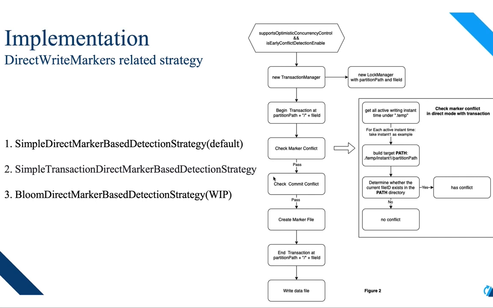We need to pay attention to the following details. First of all, for the same partition path and file ID, only one writer can check and create the corresponding marker file at the same time, to make sure no conflict is missed in race conditions.